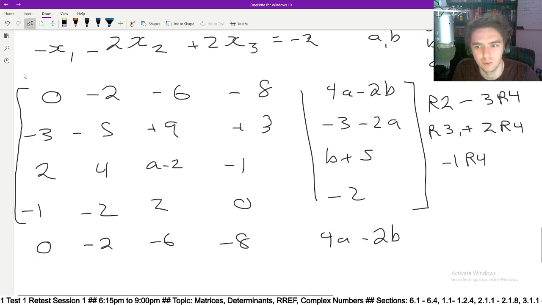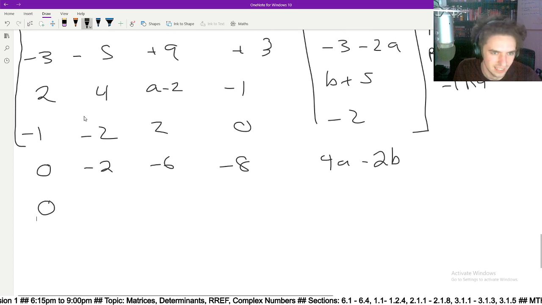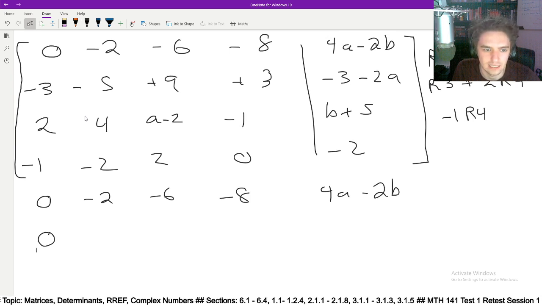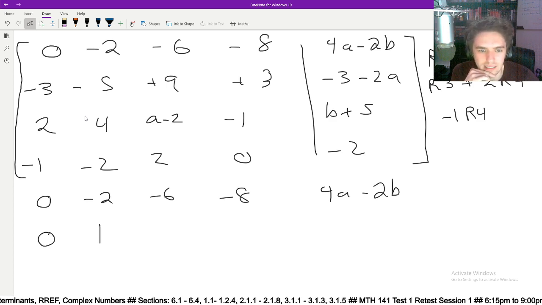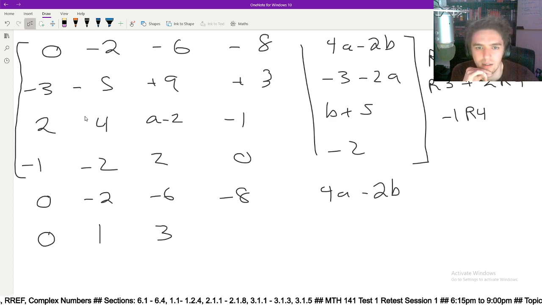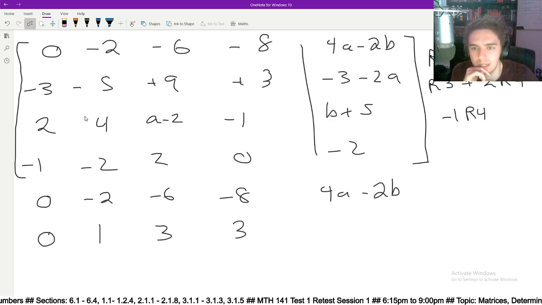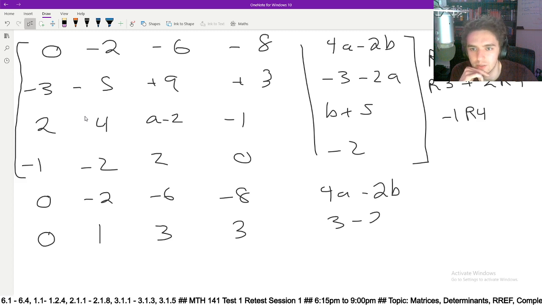So negative 3 plus 3 is 0. Negative 5 plus 6 is 1. 9 minus 6 is 3. 3 minus 0 is 3. Negative 3 minus 2a plus 6 is 3 minus 2a.